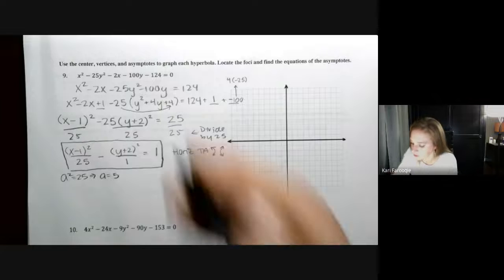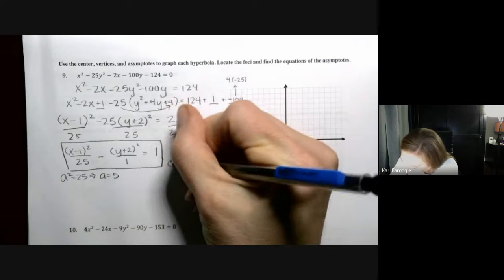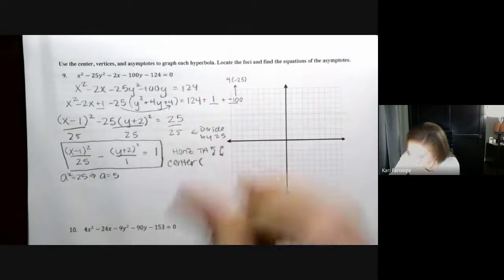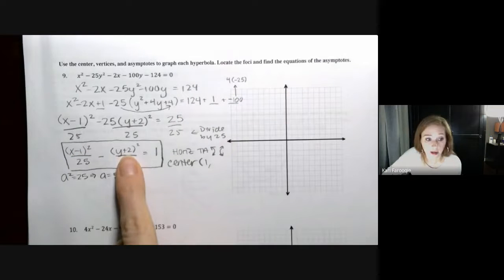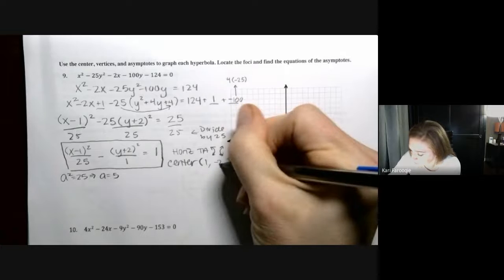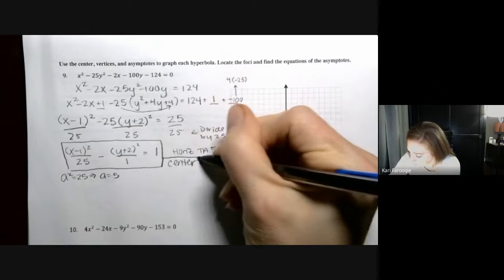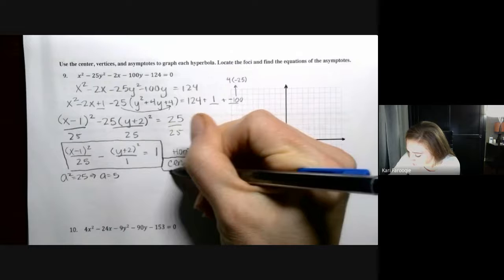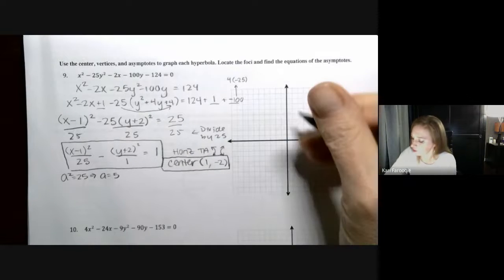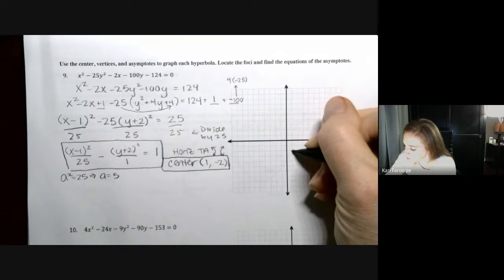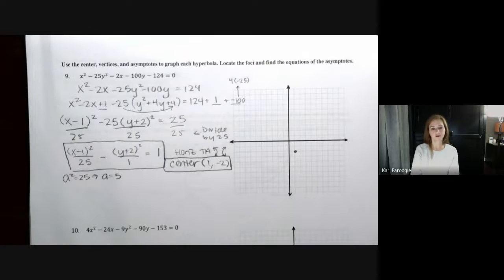We are centered at, it's very important to write this down, 1, -2. It's a very important piece of information, so I want to box it off. And you know what? I tend to always say, as soon as you find your center, plot it. You don't want to forget about it.